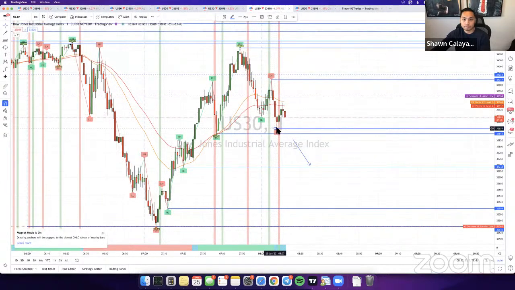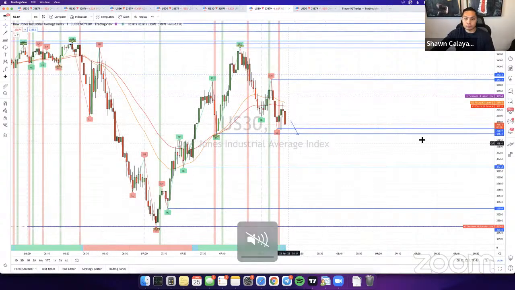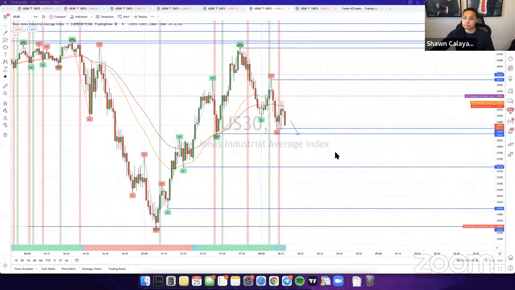So here's another area of liquidity, guys. So if price hits this area, I think it's probably going to drop even lower. So if it hits this area right here, I think price is going to keep dropping below this point. Pips right here. So we'll see where this liquidity pushes to.